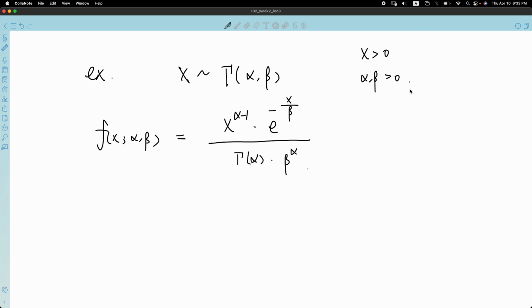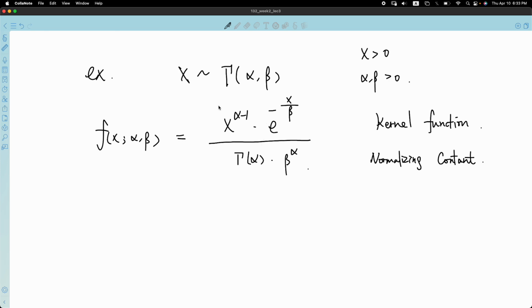So for this one, the numerator here, sometimes people call the kernel function. And for lots of the times, whatever is in the denominator is called the normalizing constant. This is the reason that when you take the integral of the PDF, it sums up to 1.